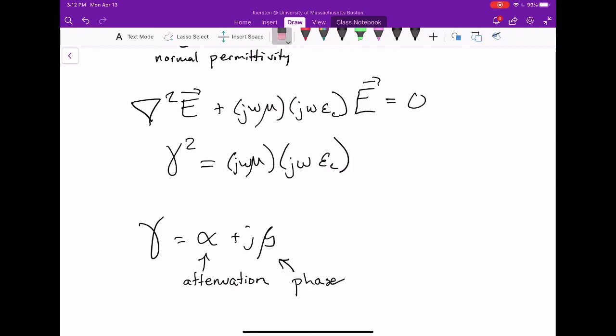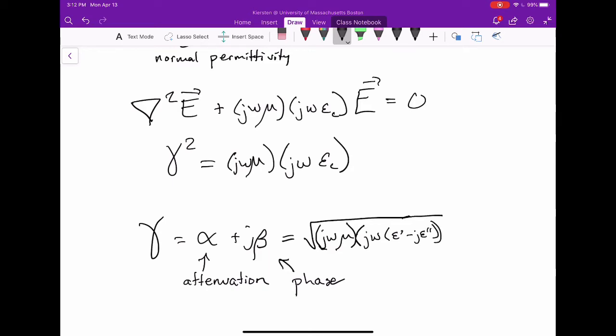Let me write a nicer gamma for you. And that is the square root of j omega mu times j omega epsilon prime minus j epsilon double prime. So there's our new propagation constant in a lossy medium.